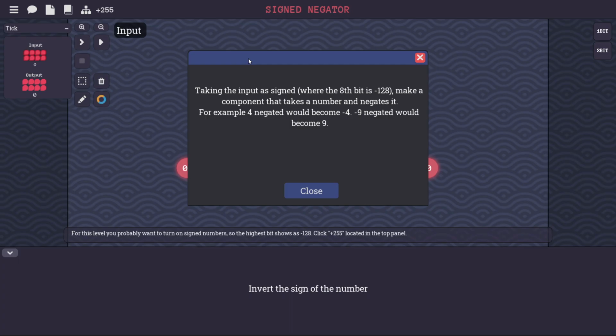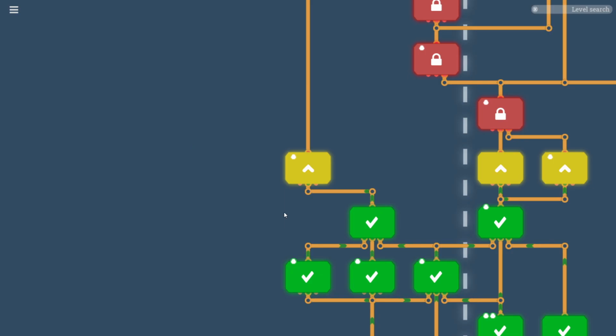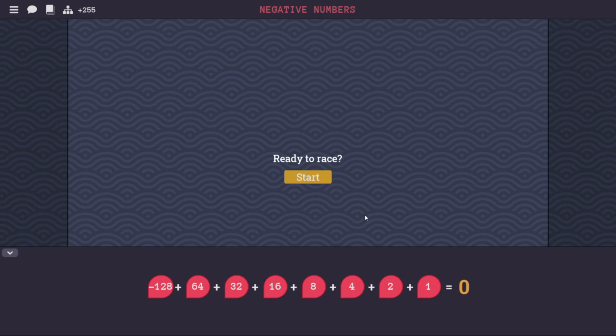Negative 9 negated will become 9. And we saw that here, this eraser, by this being on, means this whole number is negative instead. That is for signed integers, not unsigned integers.